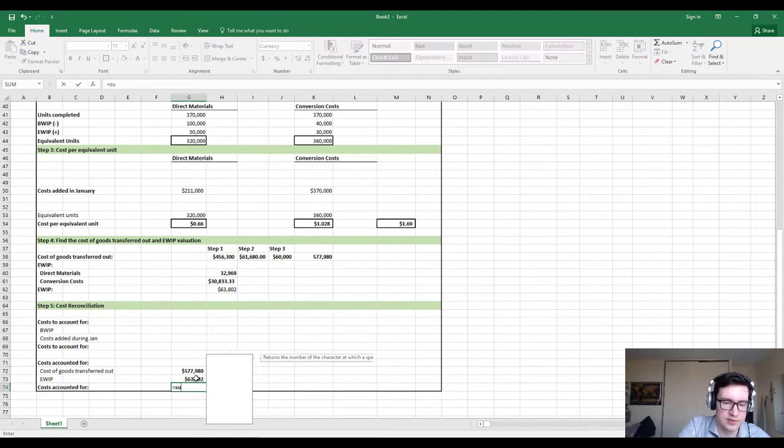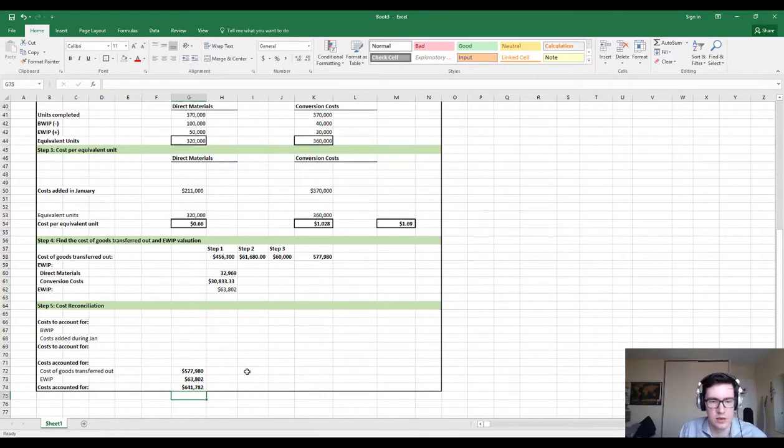And if we find the sum of both of these, it's going to be 641,782. And some of the difference, like this should be 641,000, but because we rounded the cost per equivalent unit, it's off by 782. So that's just a rounding error.